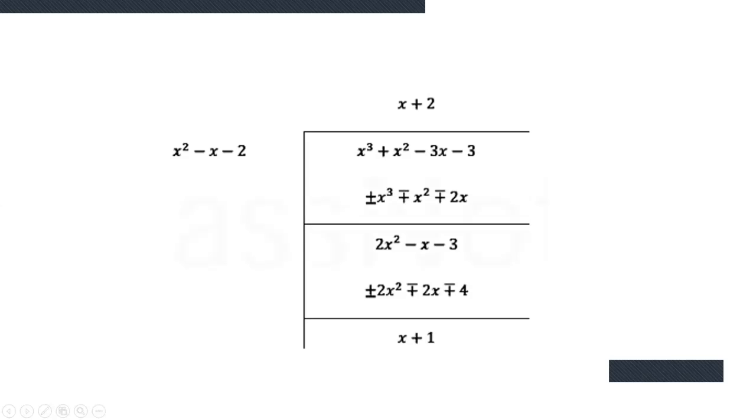By changing sign, x cube minus x cube will cut, and x square plus x square is plus 2x square minus 3 and plus 2x is minus x and minus 3.